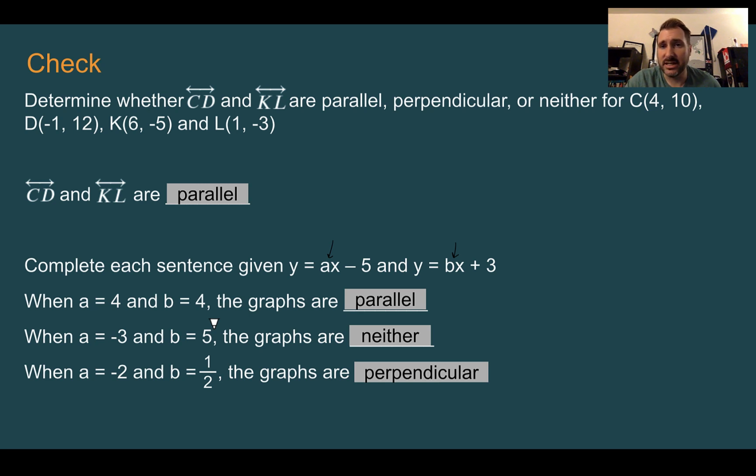They're not exact opposites, where one is the flip of the other, so that would be neither. And the last one, -2 and 1/2, those would be perpendicular because this is really 2/1. So they are flipped and opposite signs. They are opposite reciprocals. Or if you multiplied them together, you do get -1.